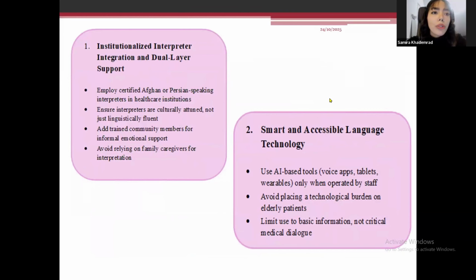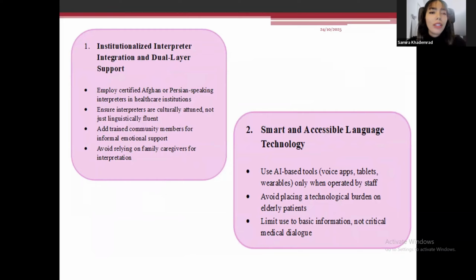So they proposed institutionalized interpreter integration and dual layer support. This is because they haven't experienced Persian interpreters, but there are Arabic and Turkish interpreters in the healthcare system, and they don't want volunteer helpers.